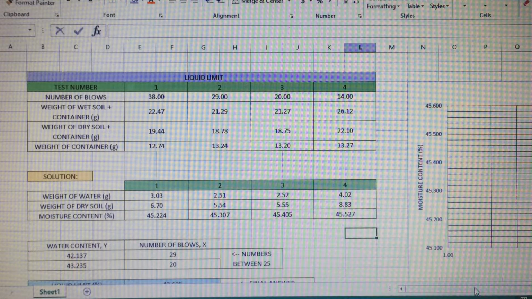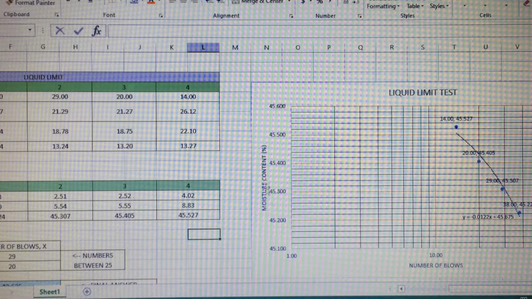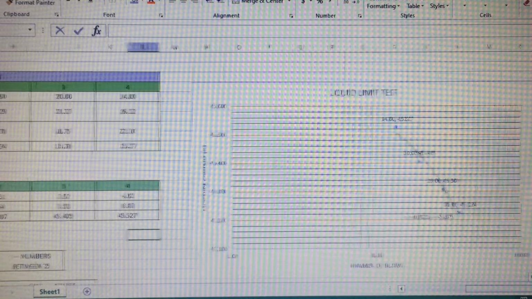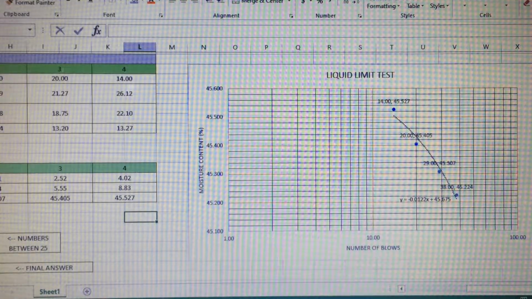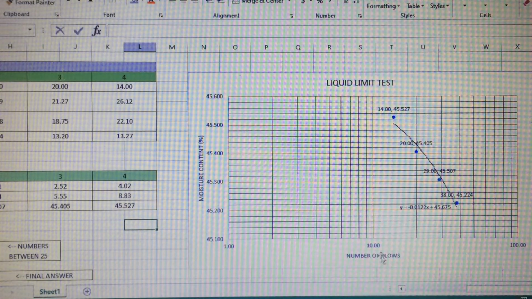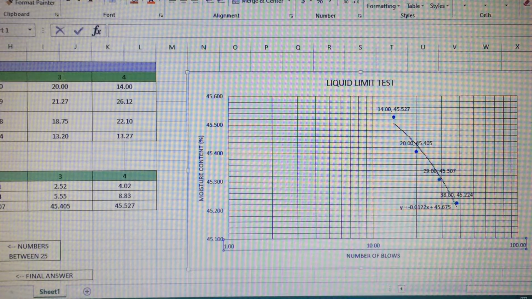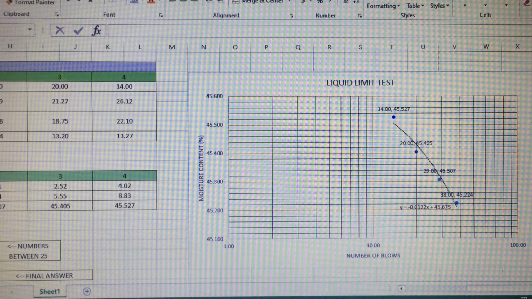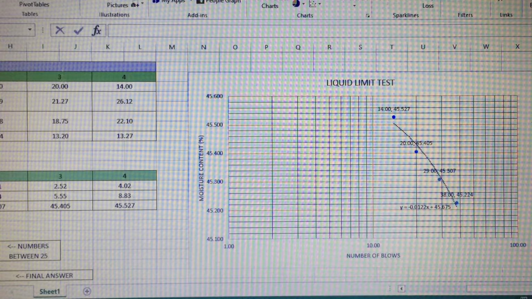For the Y axis, doon natin ilalagay yung values ng moisture content, and the X axis is the number of blows. In making this graph, kailangan yung nasa x-axis is naka-logarithmic form. And what I used is the XY scatter.